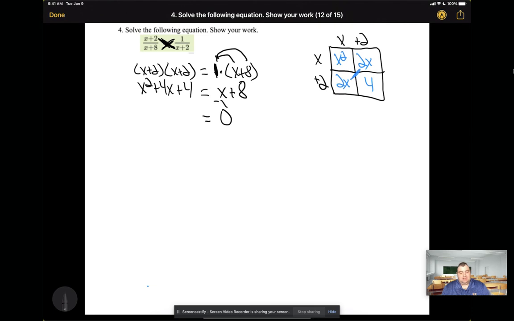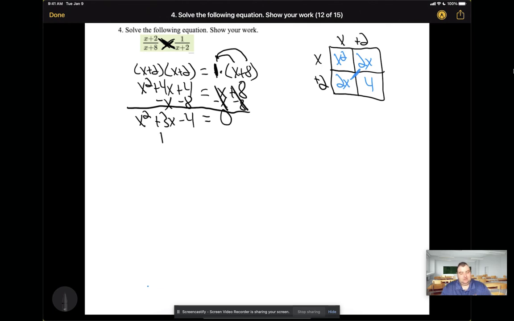To do that, I have to subtract x from both sides, and I also have to subtract 8 from both sides, because x minus x and 8 minus 8 is 0. When I put everything together, I end up with x squared, 4x minus 1x is going to be 3x, and 4 minus 8 is going to be negative 4.